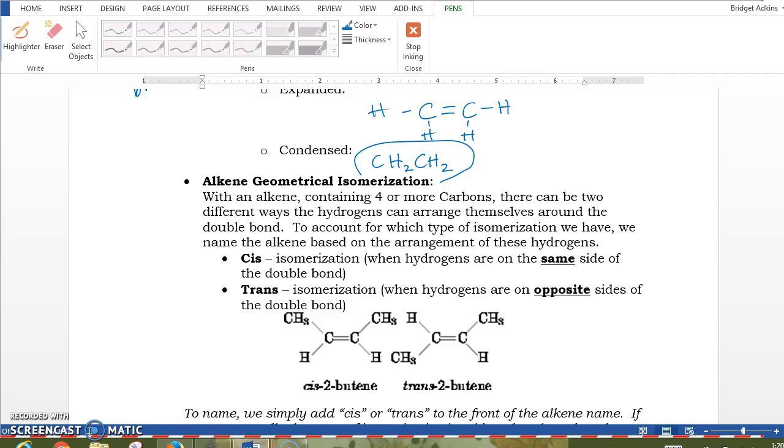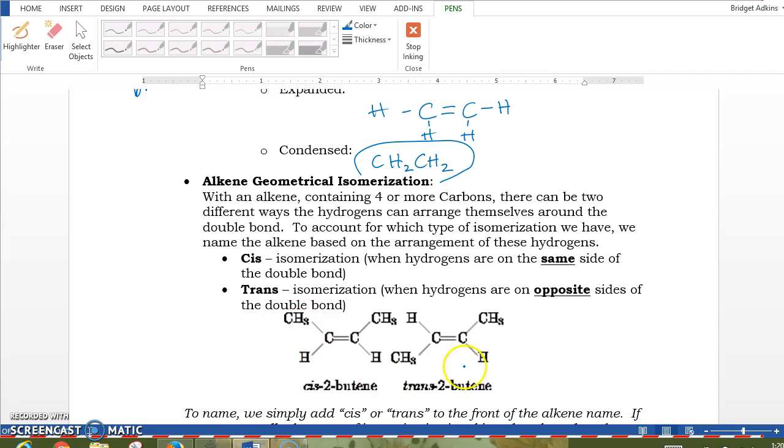If you look at these 2 examples that they've given you, this type of isomer only occurs with double bonds. And the double bond has to be within the chain, meaning that you don't have cis and trans isomers if the double bond is on that very end carbon. So if the double bond were here, or over here, you don't have cis and trans, because we're going to look at what it means to be cis and trans.